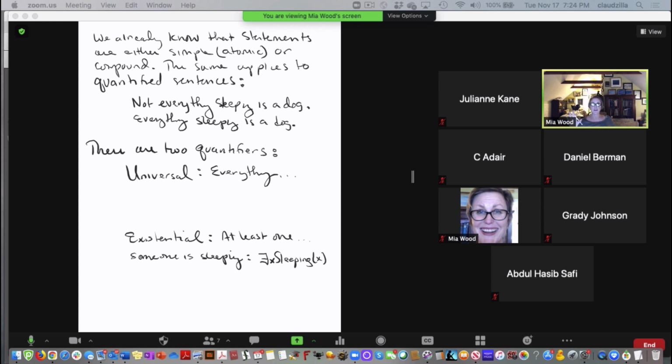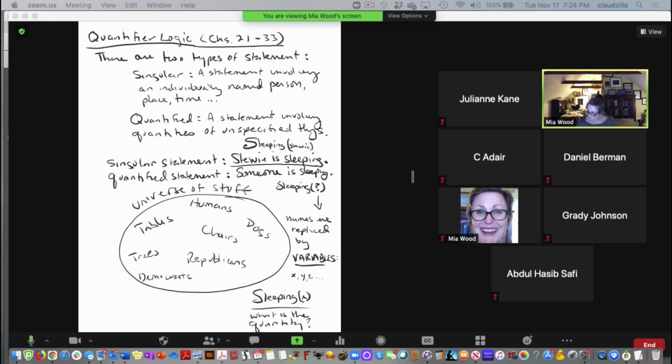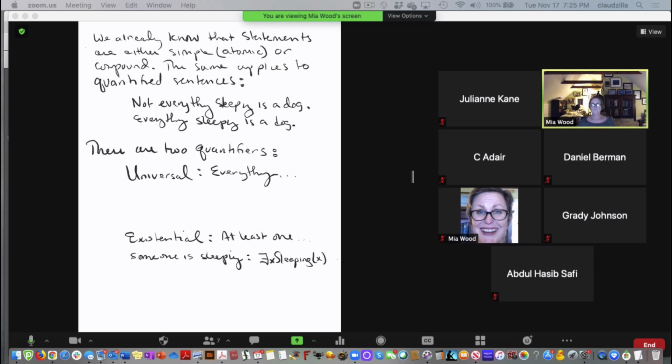Now we've got the quantity that we were asking about in the last whiteboard, right? So let me go back. Remember earlier, I said, hey, what's the quantity of the sleeper? We've got entity sleeping. That's all that we've got right now, but we don't know how many. Well, when we go to the quantifier notation, we see, oh, okay, backwards E tells me that there is at least one.